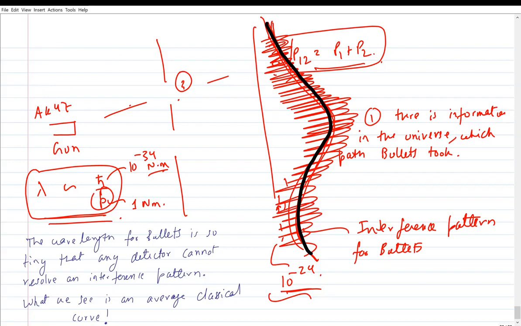Okay, so in some sense, what you can say is something about the uncertainty principle.